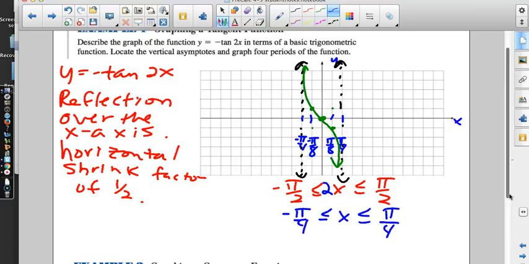Maybe we ought to talk period. If it was pi before, and now we have that tangent of 2x in there, does everybody see that that's b? So for these, we're going to use the formula period equals pi over the absolute value of b.